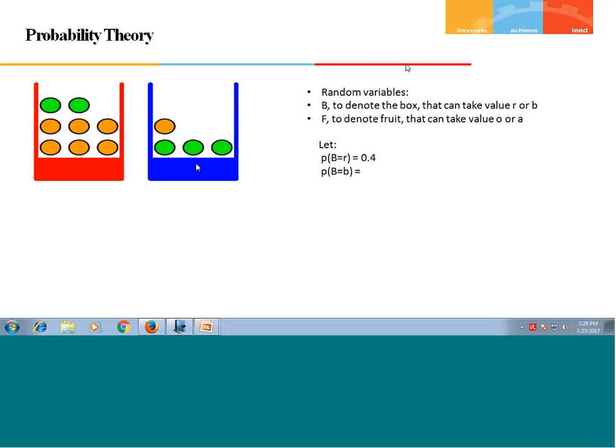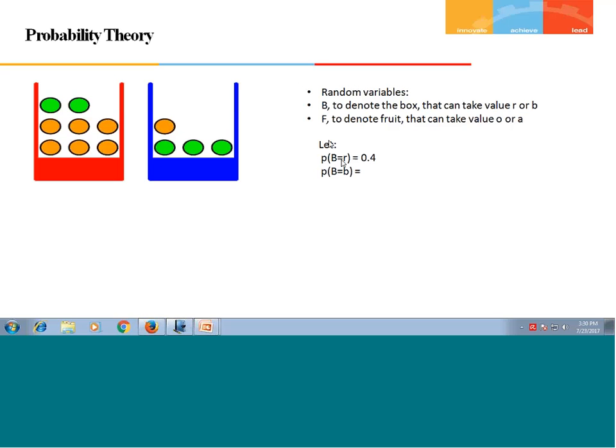So let's say I have one variable, and that variable is a random variable. A random variable means that the variable can take any value from a set. For example, if B is a variable, it can take either blue or red. So this B is a variable that can take small r and small b. Small r stands for the red box and small b stands for the blue box.